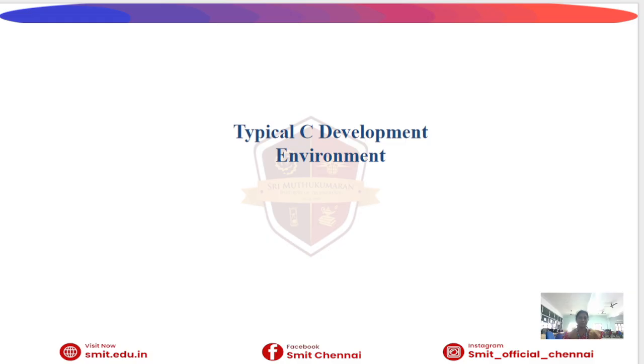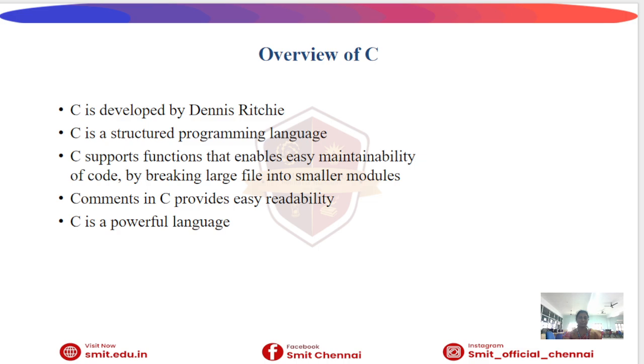In an embedded system, instead of a normal computer, this executable is loaded into the microcontroller or embedded device. So the development environment mainly consists of an editor, compiler, linker, and loader. All these together help in converting a C program into a working embedded application.